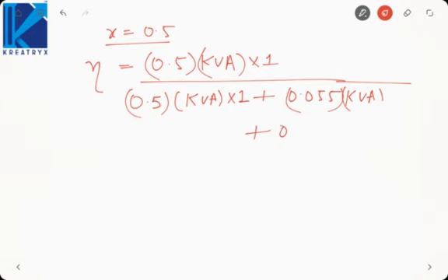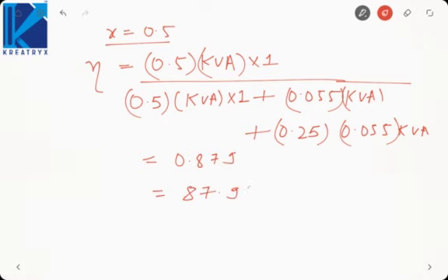X square is 0.25 into PCU full load, which is equal to iron loss. So this comes out to be 0.879, or we can say 87.9%. So this will be the efficiency at the half load and unity power factor.